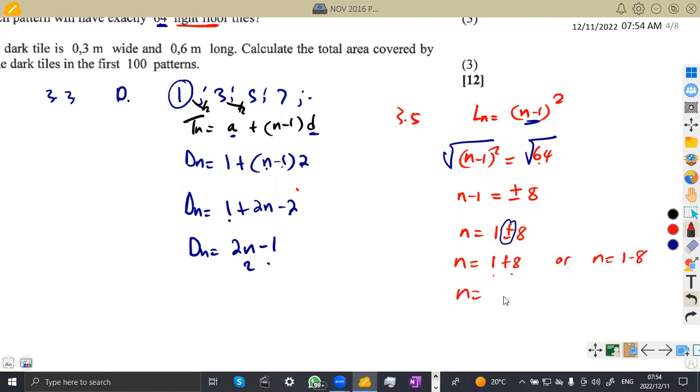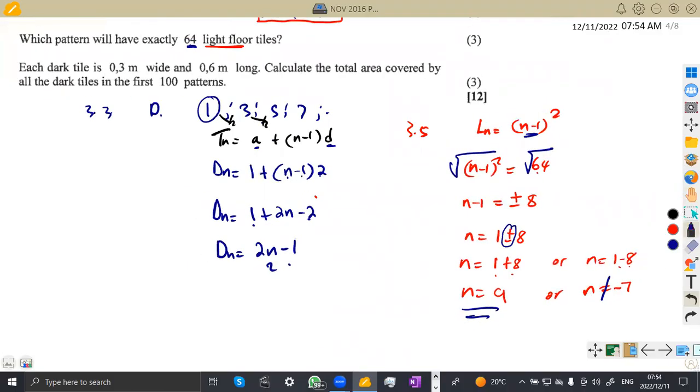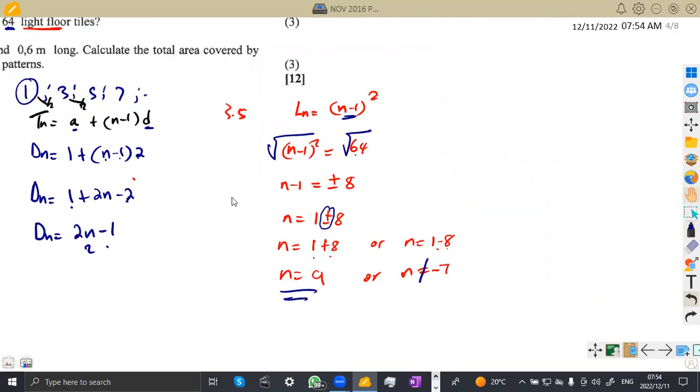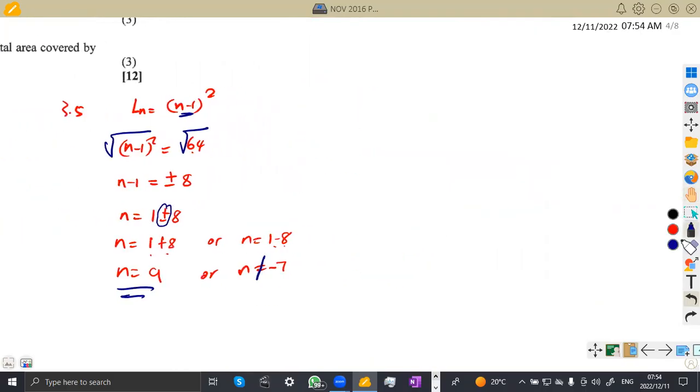So that's 1 plus 8, which is 9, or n is equal to 1 minus 8, which is minus 7. But we are referring to the number of the pattern, which can't be negative. So therefore, our n is going to be equal to 9. So the minus 7 is actually not applicable. It can't work. All right, so on solving, there were so many ways. Someone could have solved this equation this way.